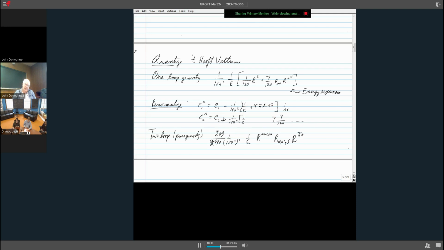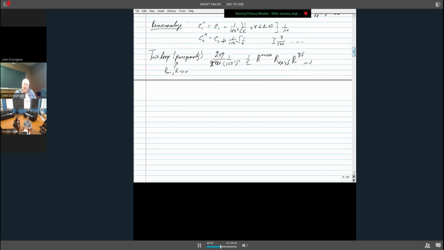The two-loop divergence in pure gravity is 209 over 2880, 1 over 60 pi squared, 1 over epsilon, and then R mu nu alpha beta, R alpha beta gamma delta, R gamma delta mu nu.